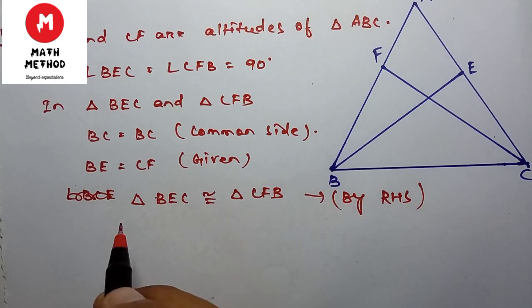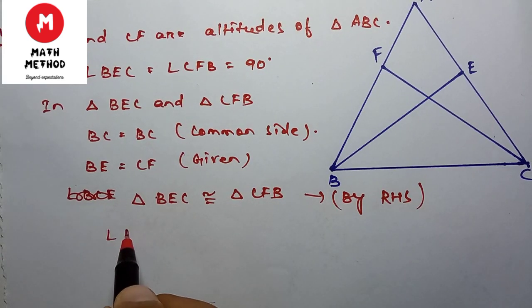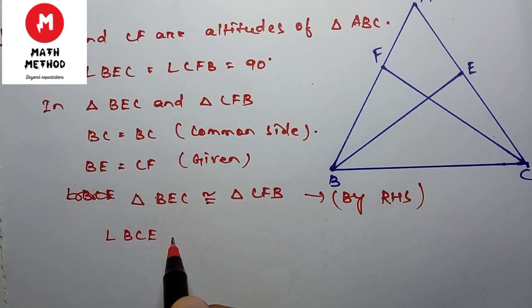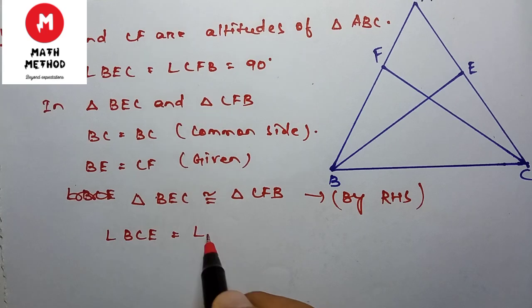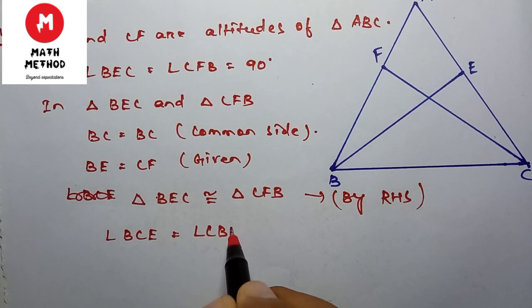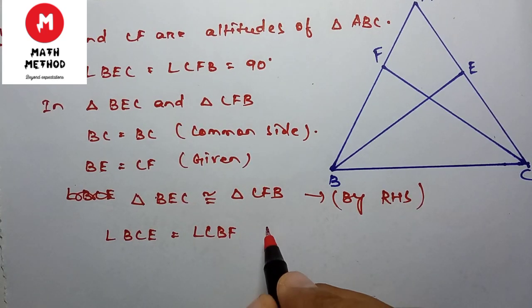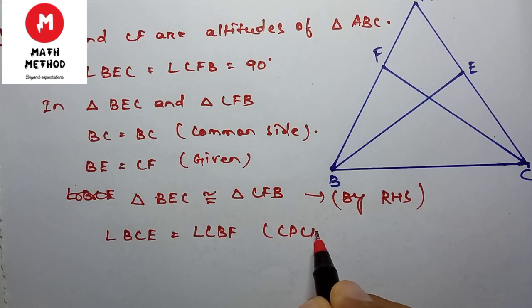Now by CPCT, angle BCE is equal to angle CBF. Clear? By CPCT, corresponding parts of congruent triangles.